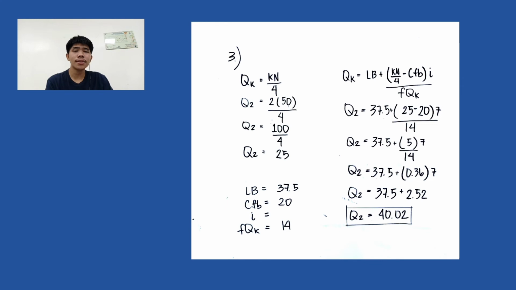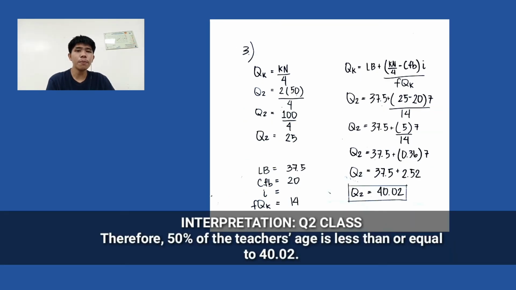Now, this will give us the answer for our Q sub 2, which is 40.02. To interpret our answer, therefore 50% of the teachers' ages are less than or equal to 40.02.